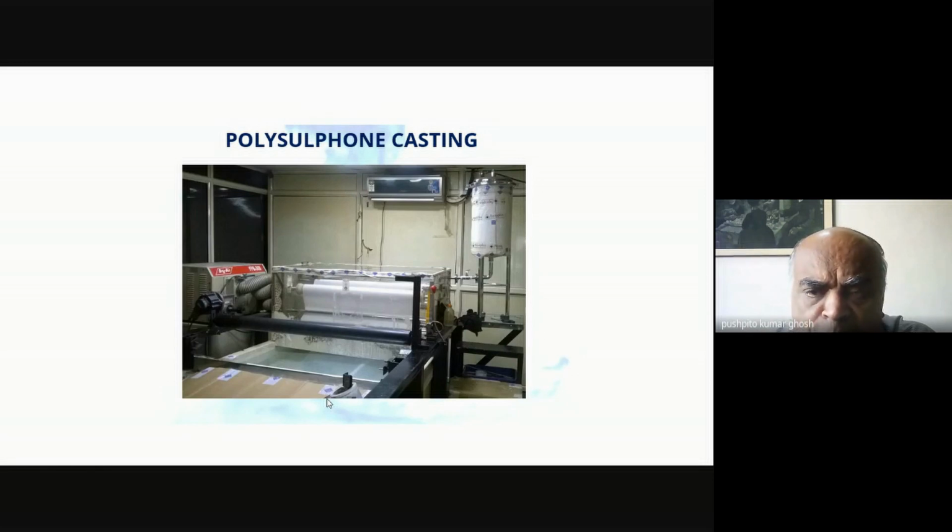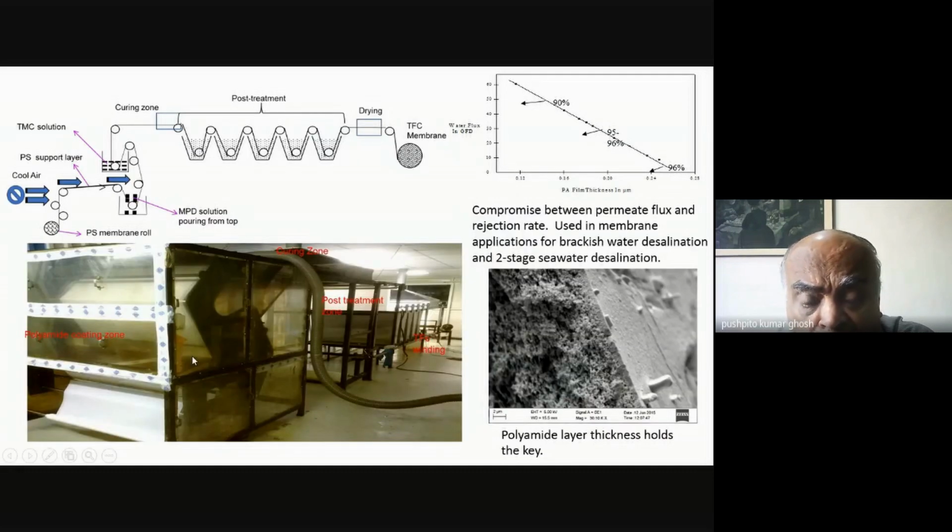Now, there can always be certain trace amounts of the solvent, the DMF, which can remain along with your membrane. And that can very severely affect your subsequent performance during formation of the polyamide layer.